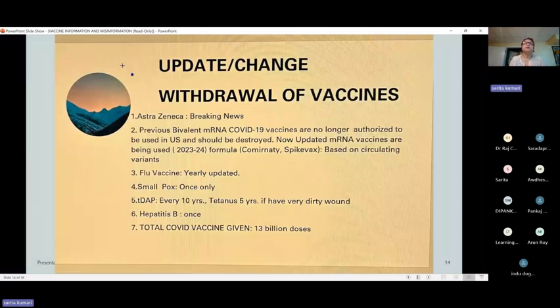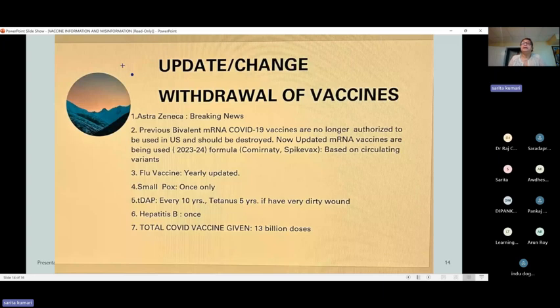The hepatitis vaccine is also given once. And the COVID vaccine, again, the virus mutates. I have not taken the new one, I'm taking my chance, but there is a question whether I should take the new variant, because it is just a tiny piece of the virus. What can happen even if it is a new formula? It's still mRNA.